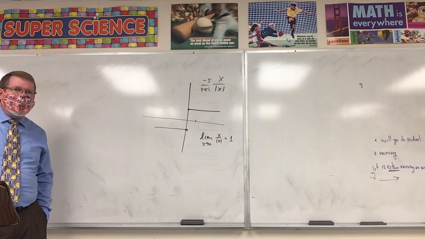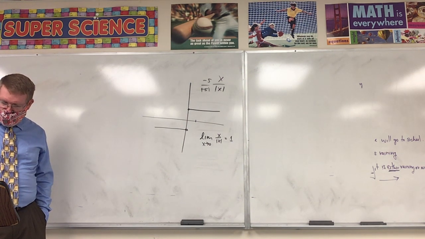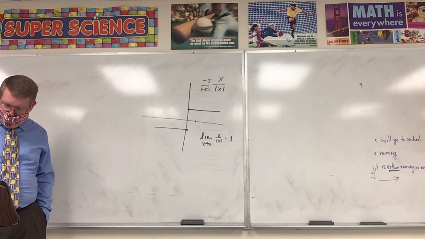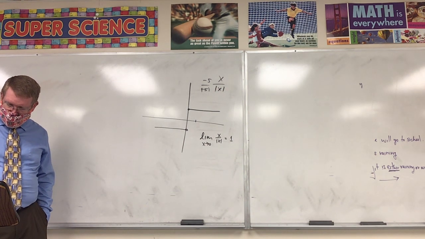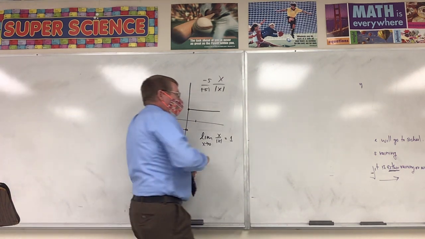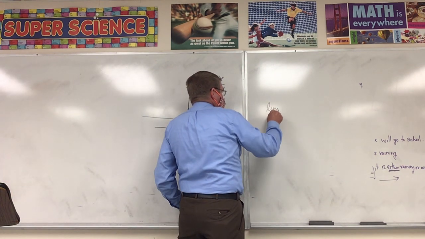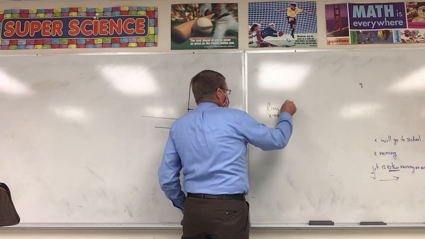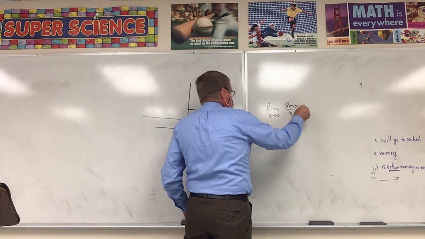Any other questions? Can we do 26, 24, 26, 28? Remember 24 is that, as I said, the limit as x approaches 0 of sine x over x equals 1, correct?